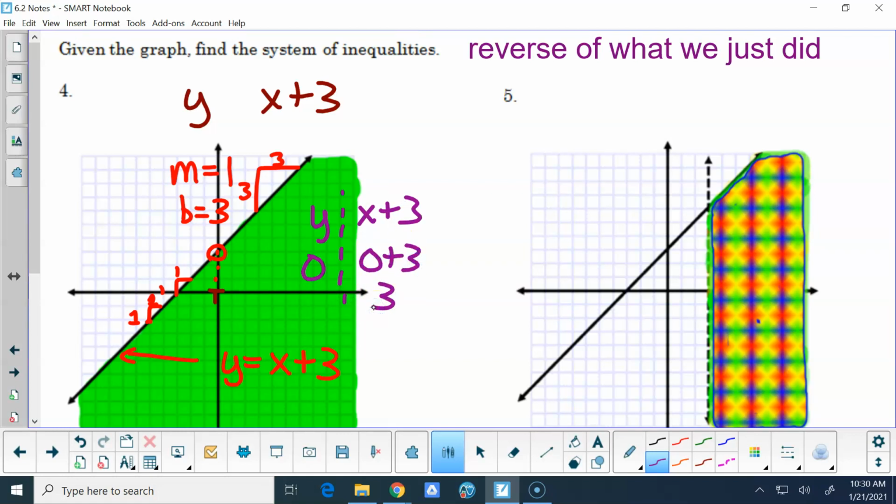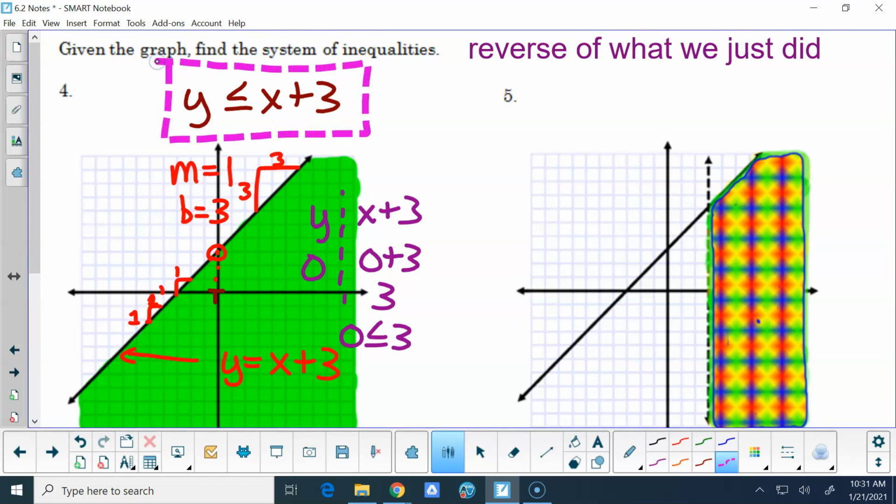I need something with 0 and 3 to be a true statement, because it's shaded on that side. So my alligator would have to eat the bigger number for it to be true. So this becomes a less than or equal to. Okay? So we're basically doing the same thing, except now we're having to come up with the equations of the line, given the picture.